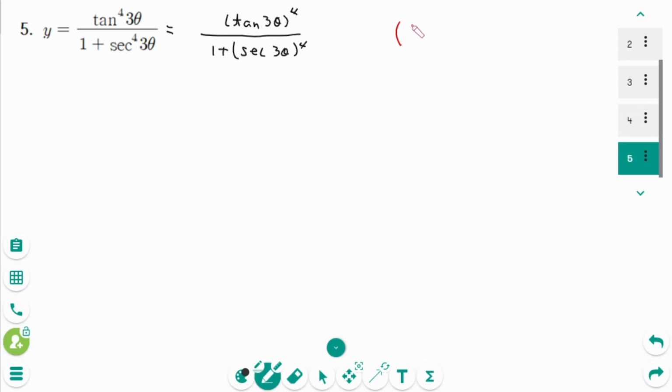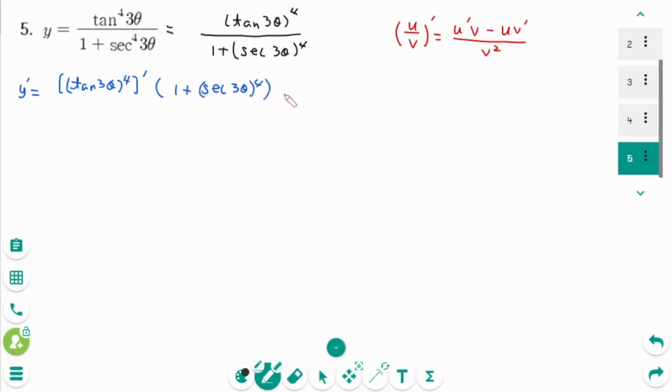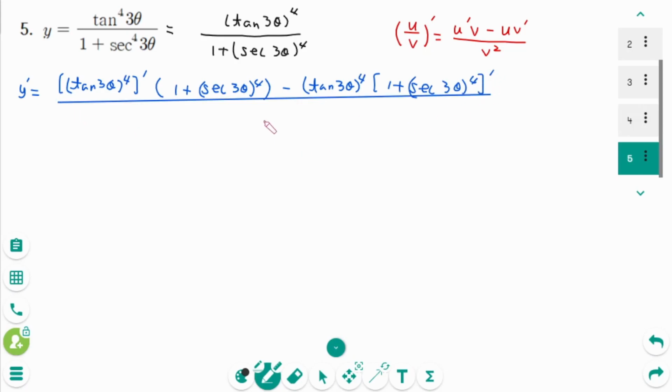Use the quotient rule. u over v prime equals u prime v minus u v prime over v squared. y prime equals tangent 3 theta to the power of 4 prime times 1 plus secant 3 theta to the power of 4 minus tangent 3 theta to the power of 4 times 1 plus secant 3 theta to the power of 4 prime over 1 plus secant 3 theta to the power of 4 squared.